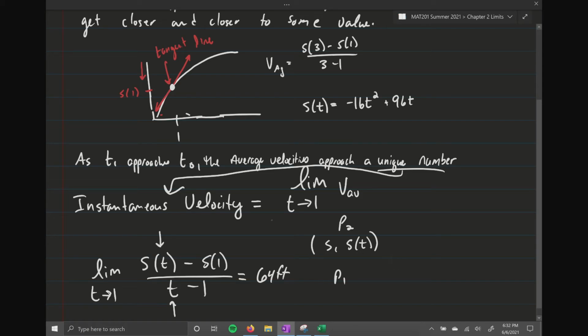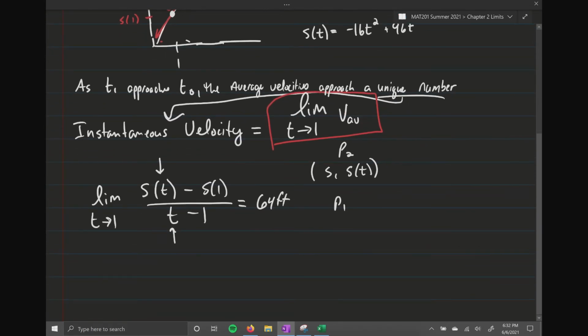Mathematically, that looks like this on the left-hand side: the limit as t approaches 1 of the average velocities is going to equal what I have down here. So that's limit notation, and we read that as the limit as t approaches 1. We're going to allow our values to get closer and closer to the value 1, but it'll never actually be 1, because if it's 1, we get 0 in the denominator.